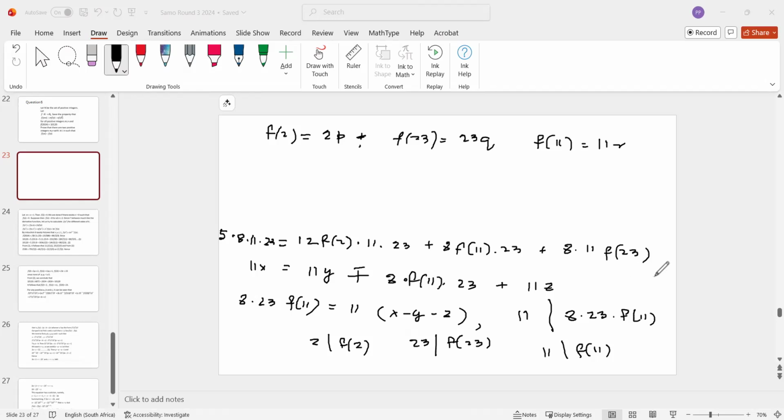Okay. Now I just want to digress a little bit here. Let's go back to our original formula. We had f of mn equals f of m times n plus m times f of n. And this is true for all natural numbers. So I can make m and n both equal to 1.